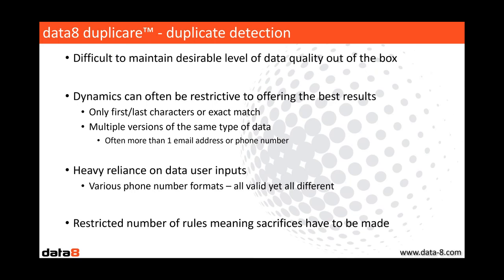That sort of structure just will not match unless you make it so fuzzy as to just pick up everything as a match. Things like if you've got 2 email addresses or 2 phone numbers on the same record, trying to match those together, trying to merge them, it just makes it so much harder than it possibly needs to be.